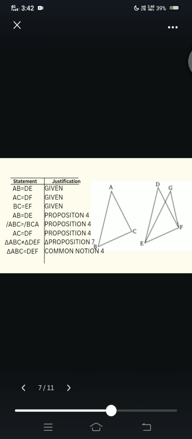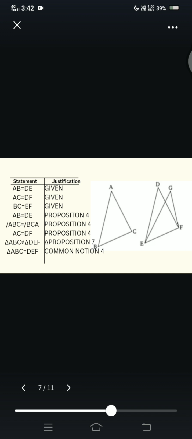So we know that alam natin na yung line AB is equal to line DE, and yung angle ABC natin is equal rin sa angle DEF, and our line AC and line DF is also equal.